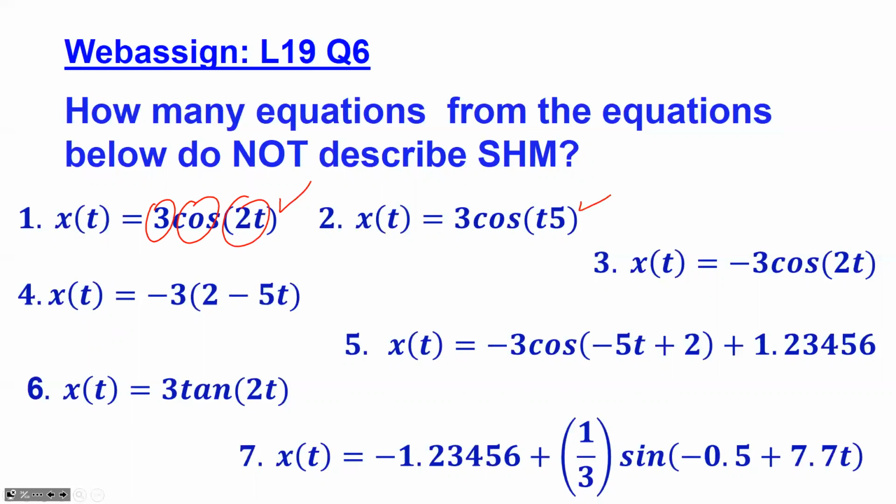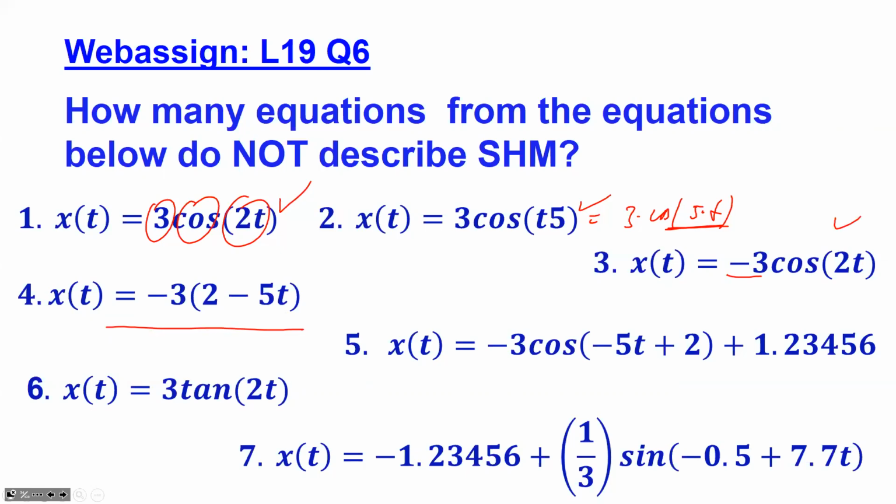Why? Well, because t times 5 equals 5 times t, right? Next one, negative coefficient, negative, doesn't matter, still works.